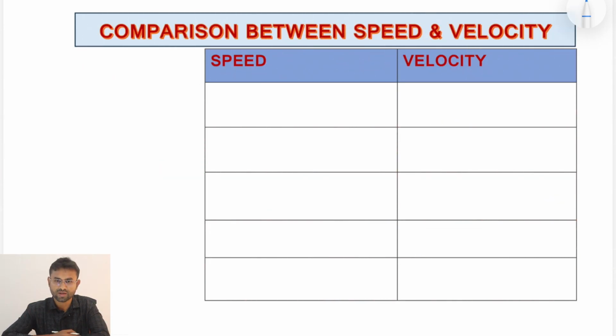Now we will study speed and velocity side by side to see how they are similar and how they differ. First, speed is a scalar quantity and velocity is a vector quantity.